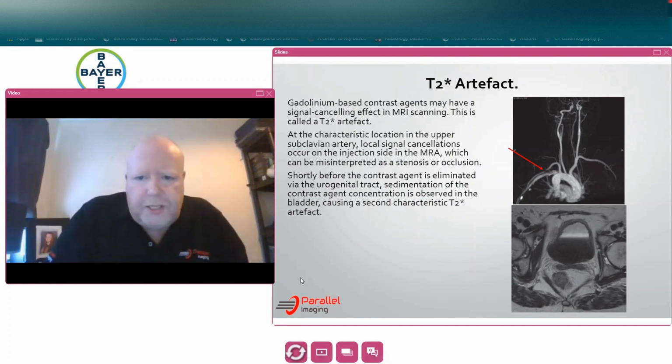You can also see this T2 star effect in non-MRA, where you get the sedimentation of the contrast agents within the bladder, and this will cause this kind of characteristic T2 star artifact. So you'd expect the urine in the bladder to be totally hyperintense, but due to this T2 star effect, you get this kind of half hyperintense, half hypointense signal within the bladder.